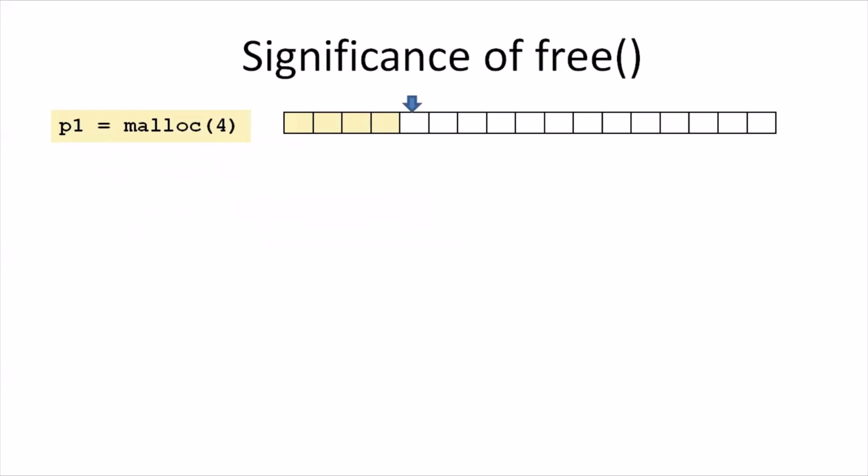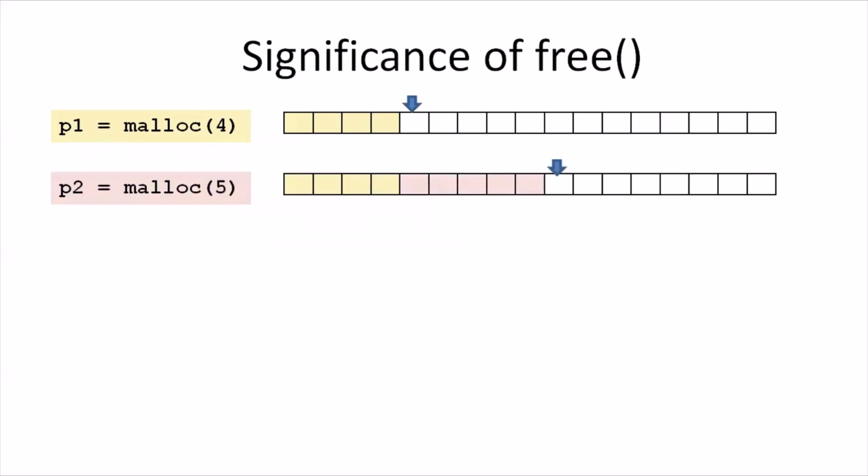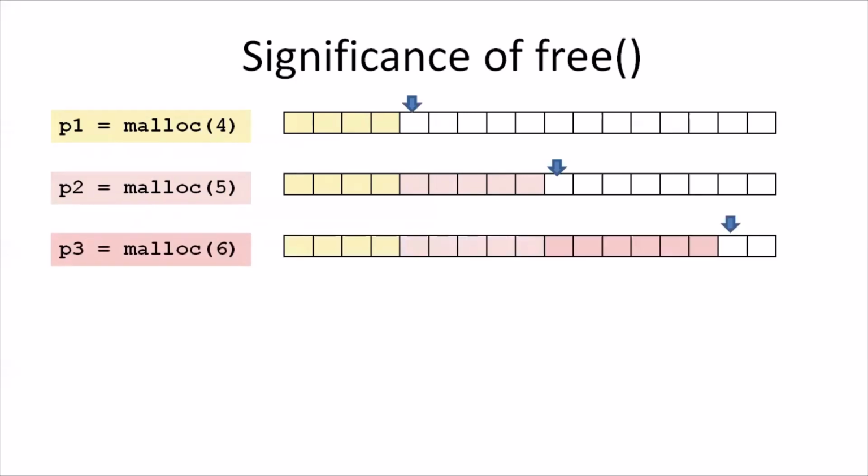Accordingly, when P2 equal to malloc 5 is executed, memory is assigned and the available memory pointer changes its position. Further, when P3 equal to malloc 6 is executed, 6 more bytes are assigned, thereby shifting the available memory pointer.